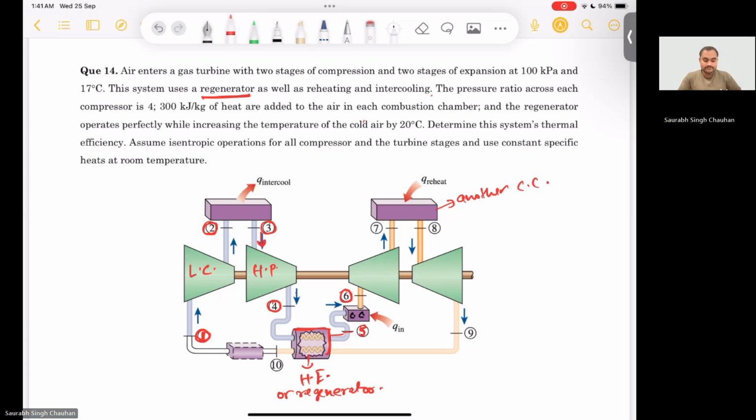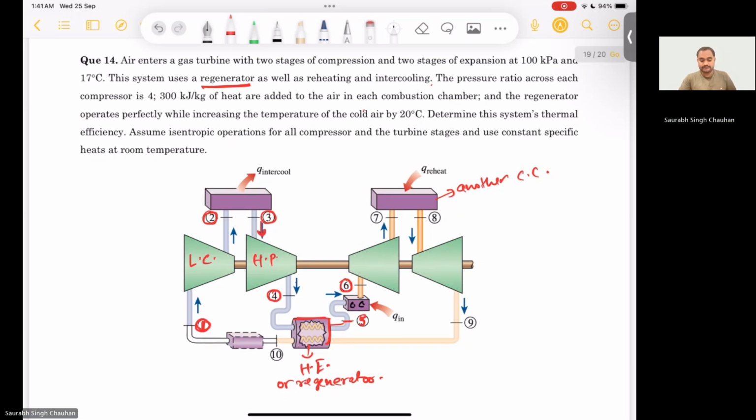In the question a few values are given. 100 kilopascal and 17 degrees Celsius is the value at inlet. One more thing you should note is that when it says gas enters a gas turbine, it does not mean that gas is going into the turbine at 100 kilopascal and 17 degrees Celsius.